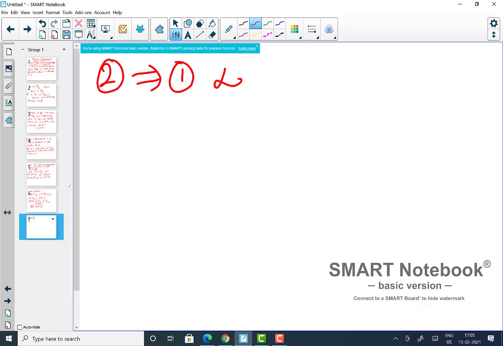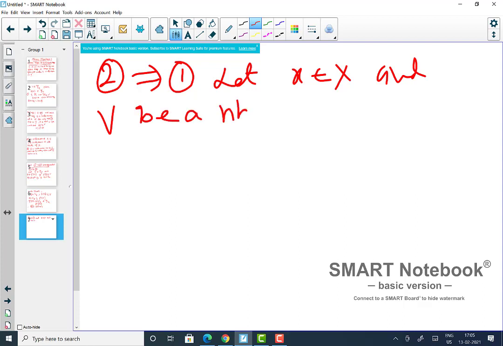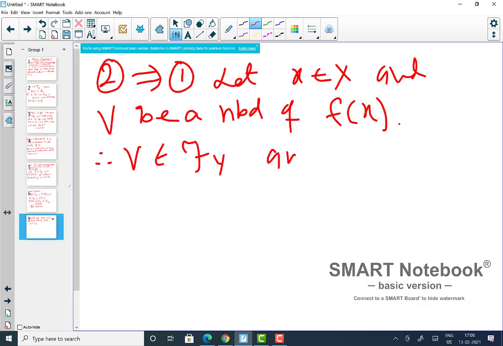You choose some element x belonging to X, and let V be a neighborhood of f of x. That means V is open in Y, so V belongs to the topology of Y, and thus by definition what happened?